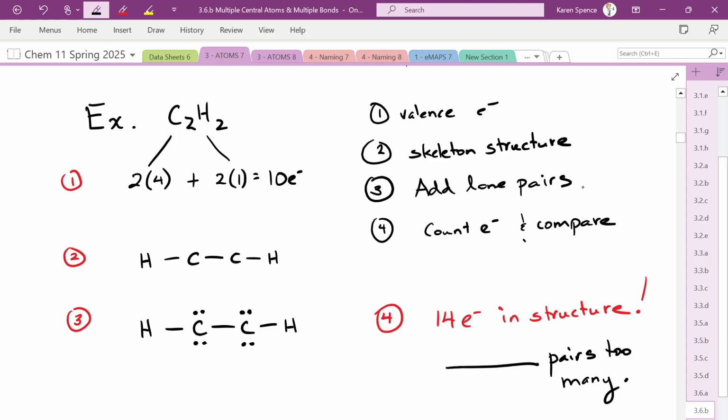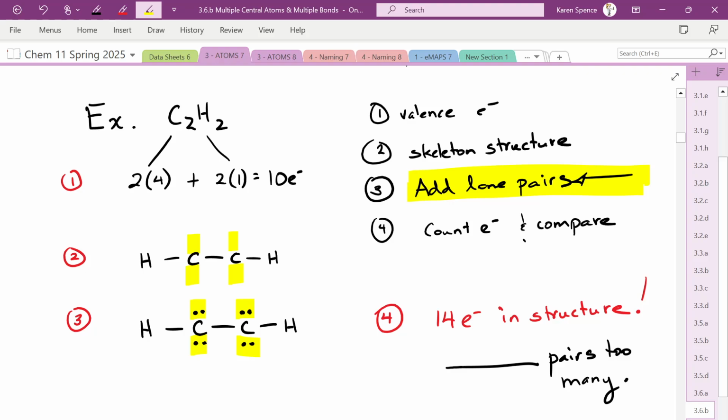What you're going to do when you get to step 3 is add in lone pairs so that everybody has 8. Here you can see I don't have 8 electrons, so I'm going to add these in until I have 8.